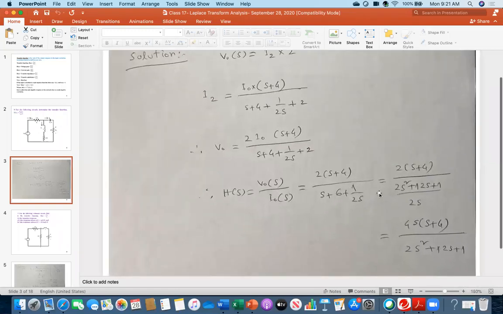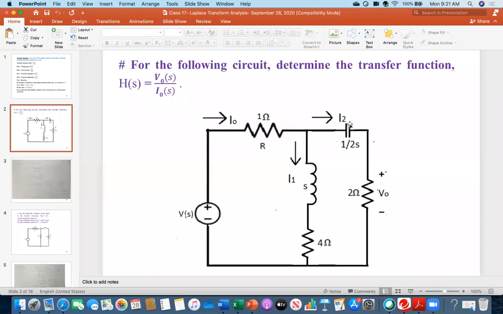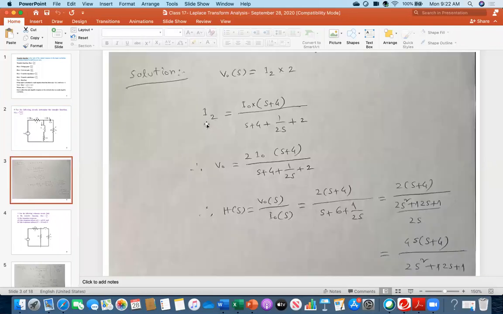And then you can see I am finding I2. I2 means this total current, I am applying the current divider rule. So I2 is, you see, this current, then multiplied by this one, s plus 4, and then divided by this plus this plus this plus this. Current divider rule. So everybody see this line?